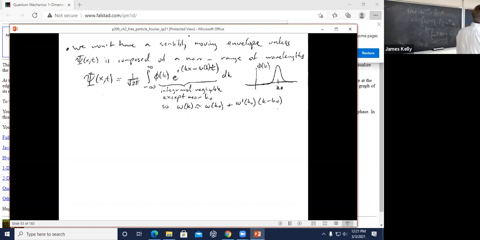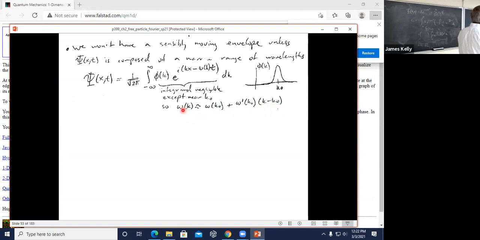So we said in order to have a sensibly moving envelope, you've got to have just a small range of k values. The larger the range, the faster that envelope is going to change shape. And pretty soon it's just going to disappear almost right away. Making that assumption, Griffiths says if you have a small range of wavelengths, then omega, the angular frequency, which is a function of k and is involved in our phase velocity, since we're in a small range of k, can be well approximated by the first two terms in its Taylor series.